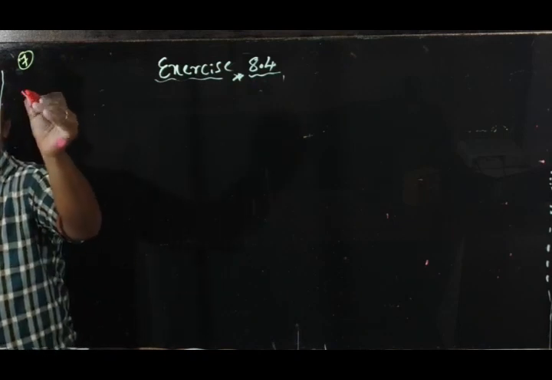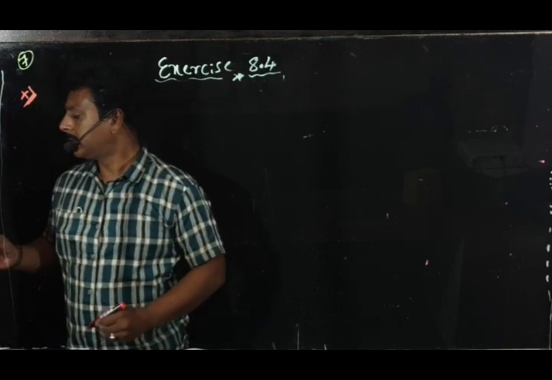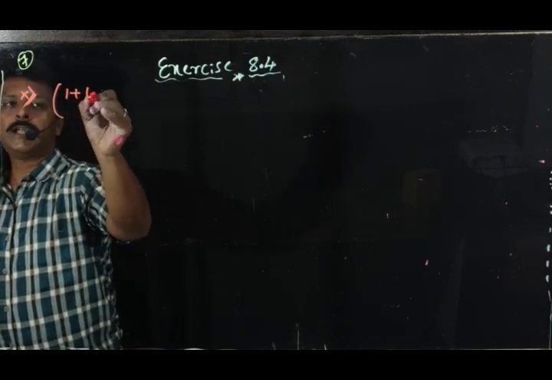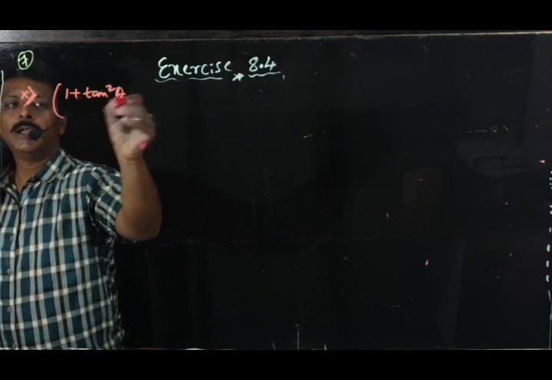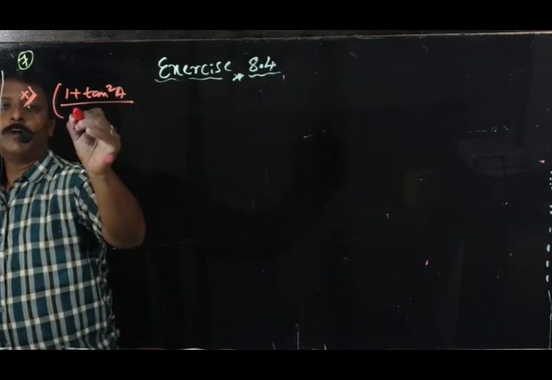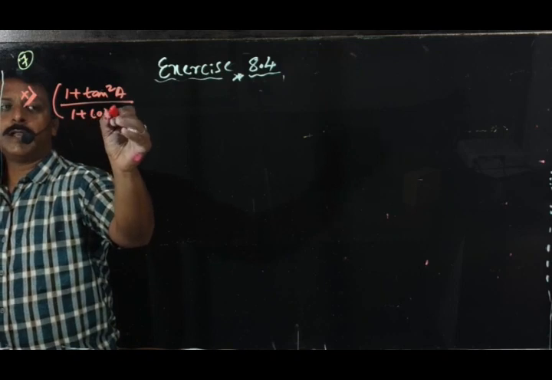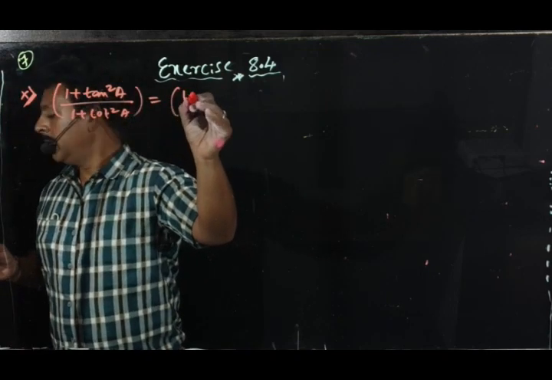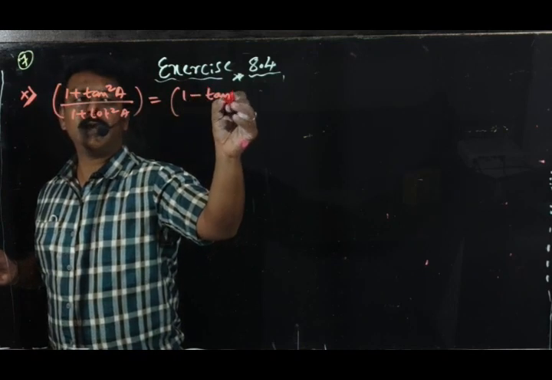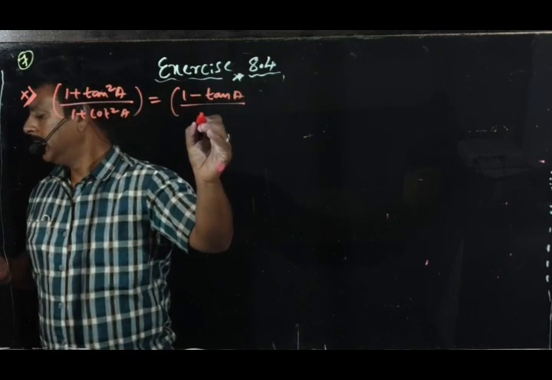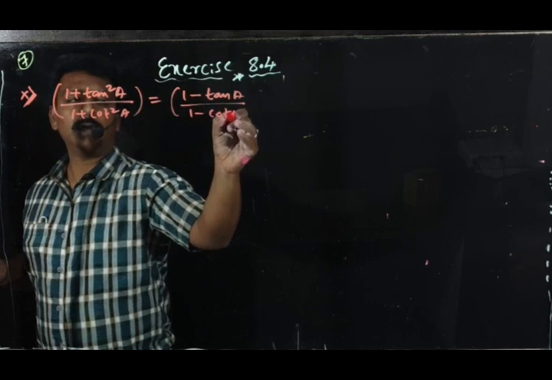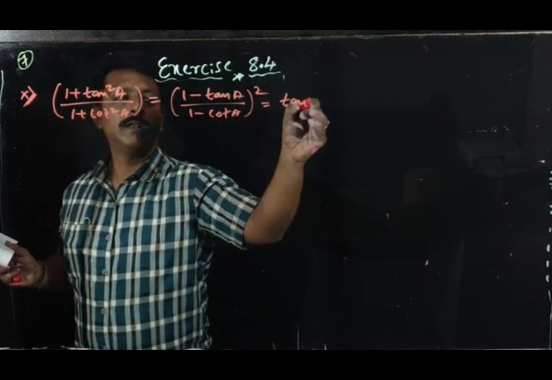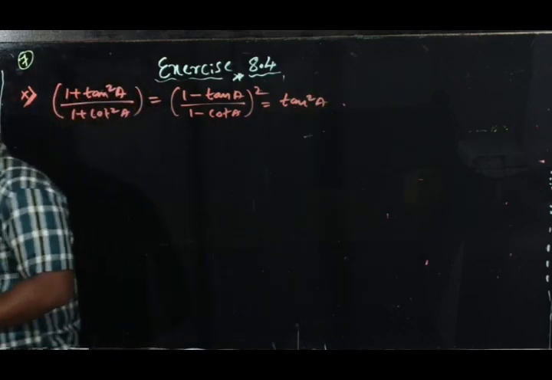What is 10th question, sir? 10th question is: bracket 1 plus tan square A divided by 1 plus cot square A is equal to bracket 1 minus tan A divided by 1 minus cot A whole square is equal to tan square A. Like this.